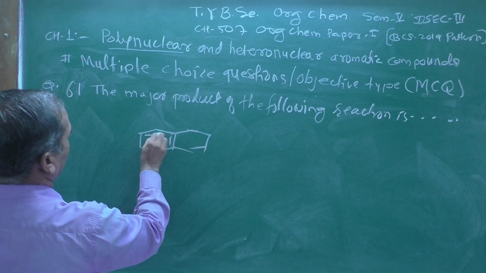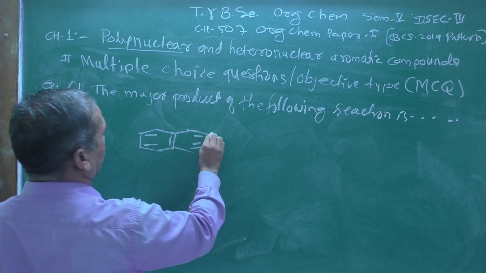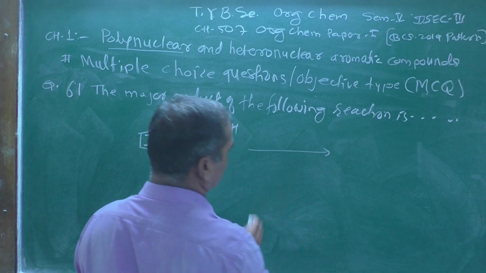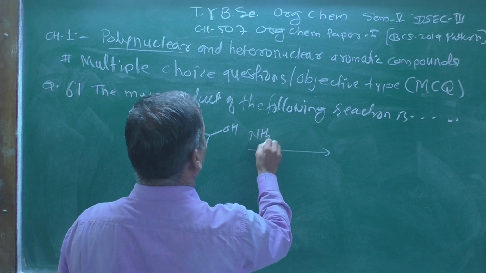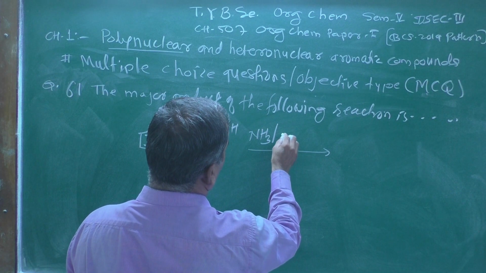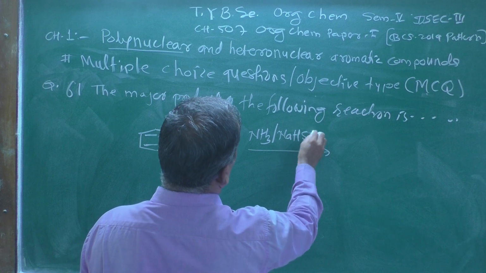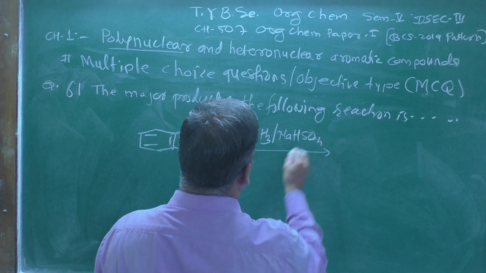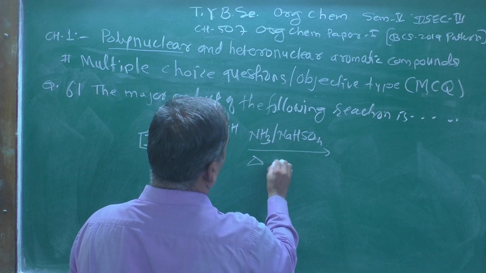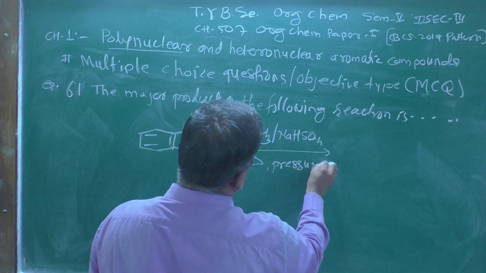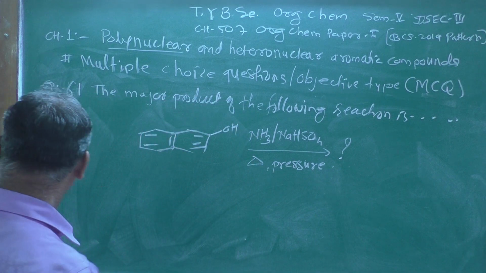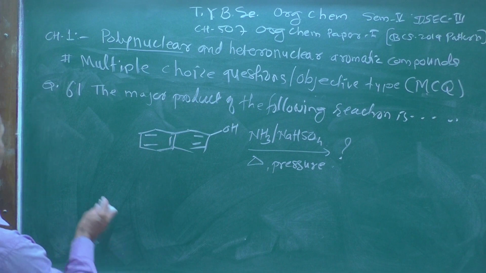See, here is the reaction, at beta position a hydroxy group is there, and therefore it is beta naphthol. Then same reagents are utilized, here ammonia and sodium bisulfite. On heating or on boiling at high pressure, the compound obtained is a question mark once again. Now let us see the options.